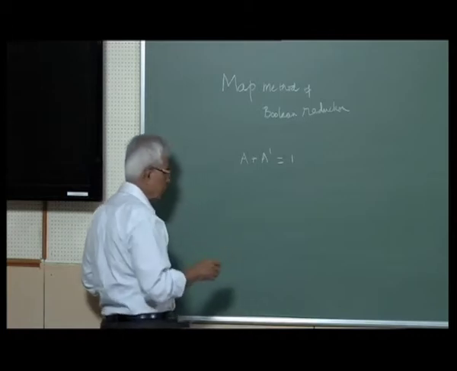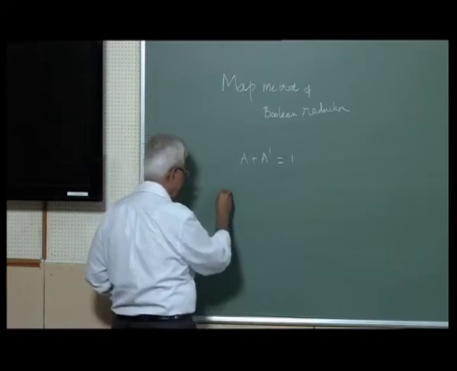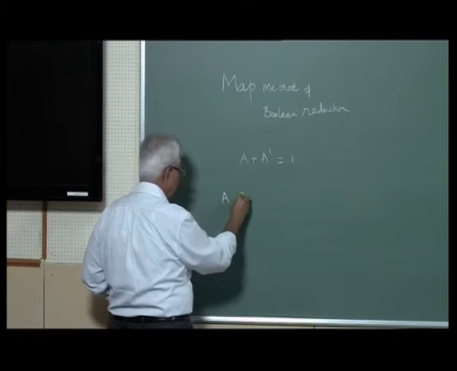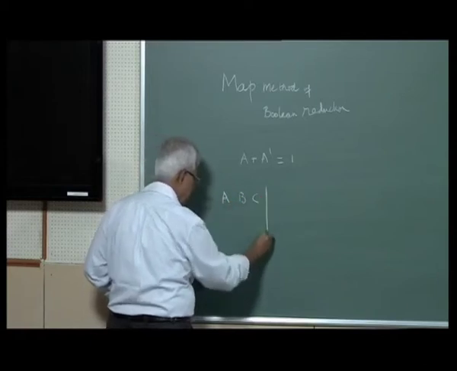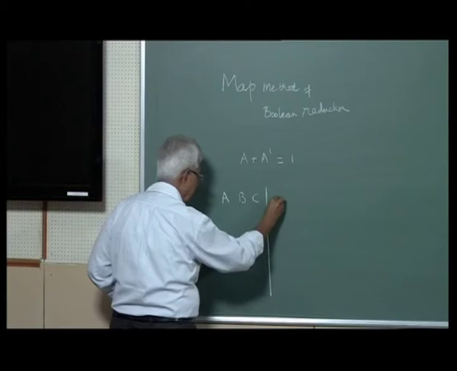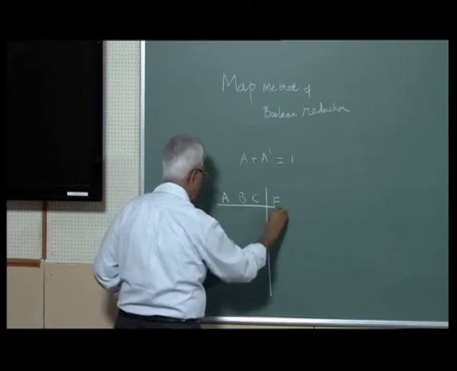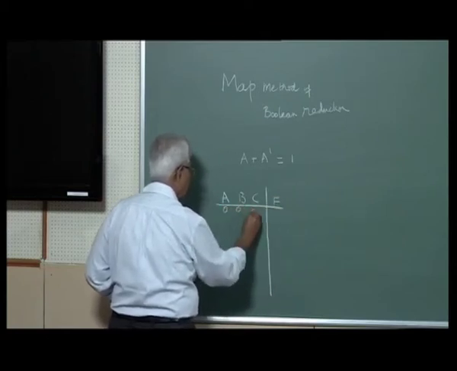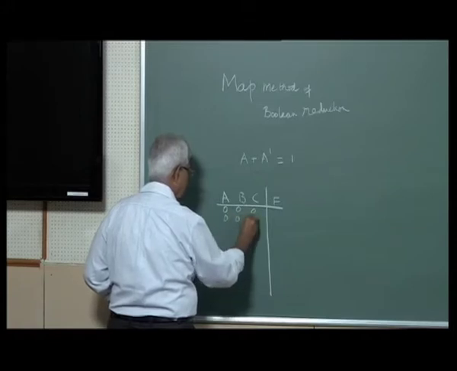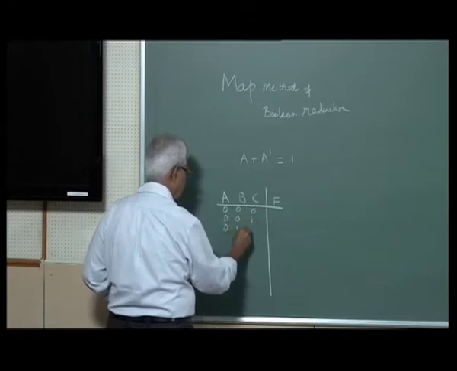We will take the same truth table we did the other day. A, B, C are 3 variables, F is the output, there are 8 rows corresponding to all combinations of inputs.